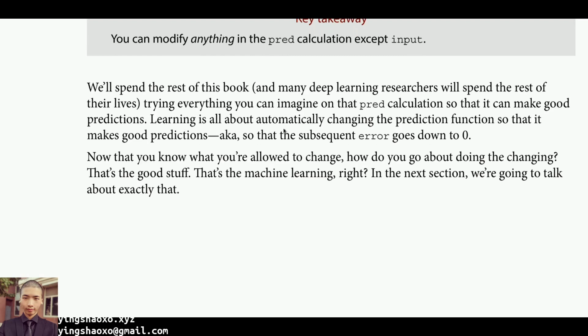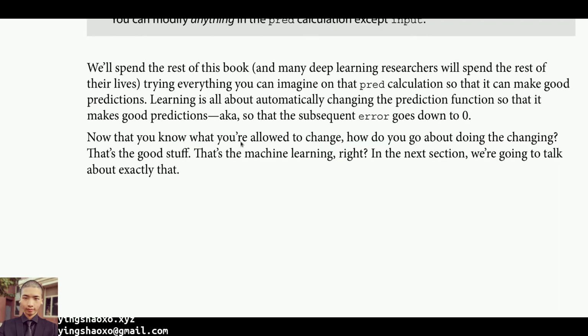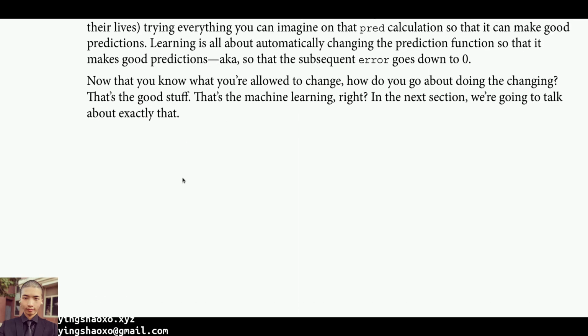Learning is all about automatically changing the prediction function so that it makes good predictions, so that the subsequent error goes down to 0. Now that you know what you are allowed to change, how do you go about doing the changing? That's the good stuff, and that's the machine learning, right? In the next section, we are going to talk about exactly that.